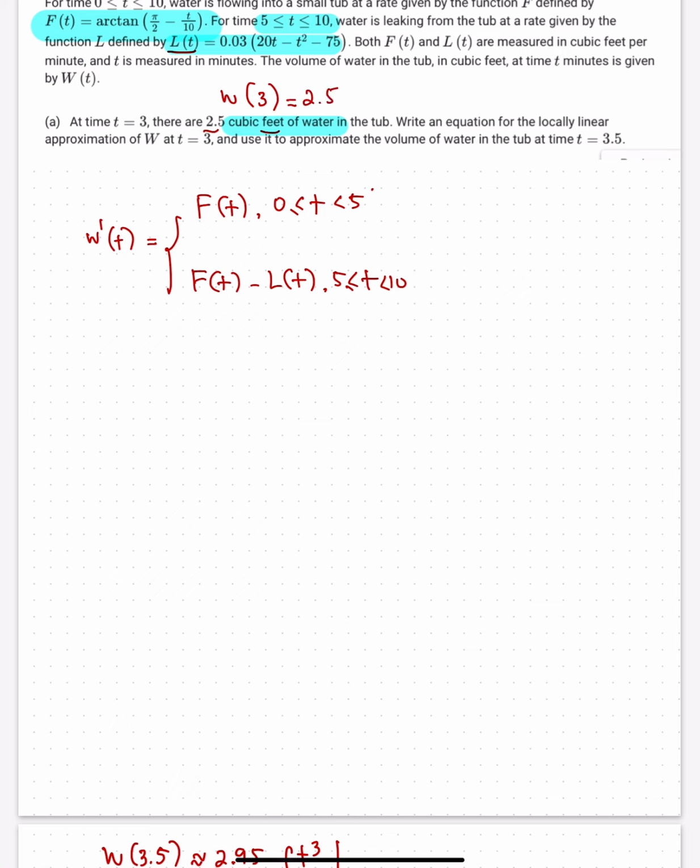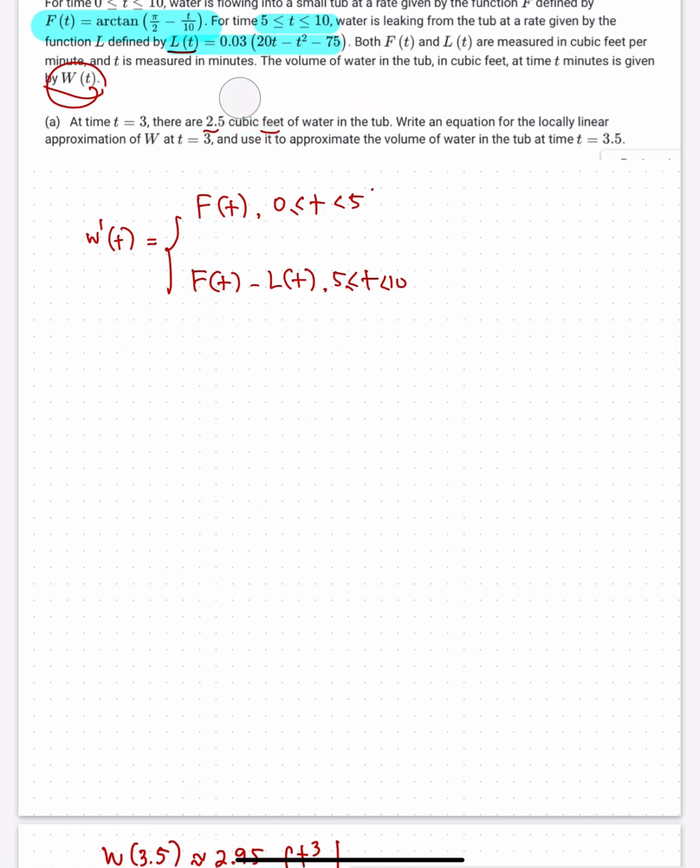Why do we consider W of 3 equal to 2.5? Actually, they say that the volume of the water in the tube is represented here by W of t, and they say that at t equal 3, it's 2.5.